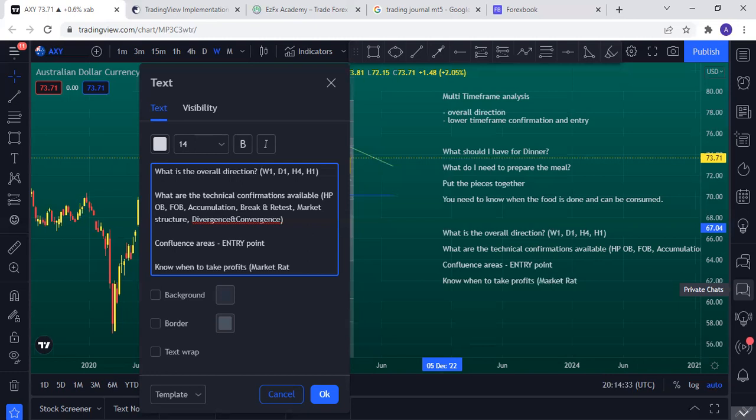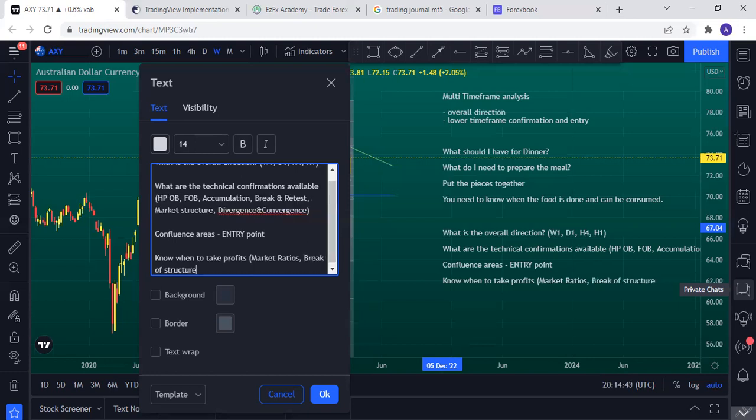You could take profit based on market ratios, you could take profit based on break of structure, you could take profit based on risk reward ratios. You could take profit based on target prices. So all of this are things that you can begin to do right from now.